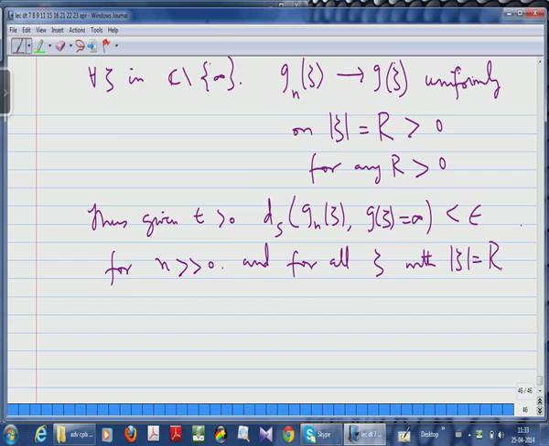But what is G_n of zeta? Our definition is just f of z0 plus epsilon_n zeta. And even if mod zeta is R, if your epsilon_n's are becoming smaller, you are covering smaller and smaller circles centered at z0.